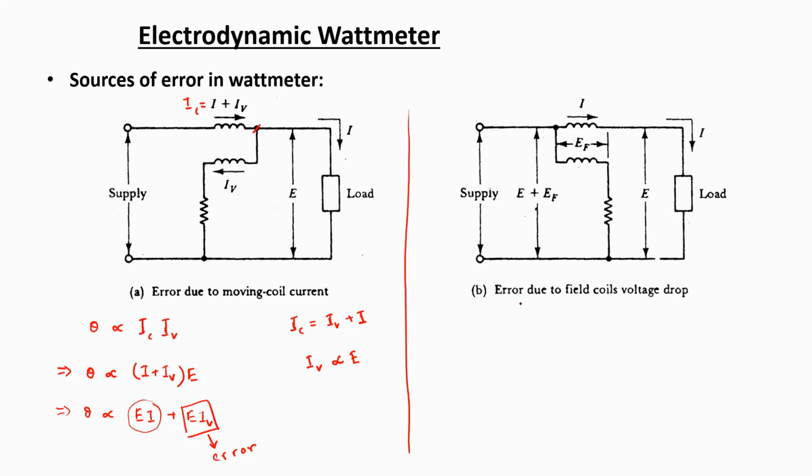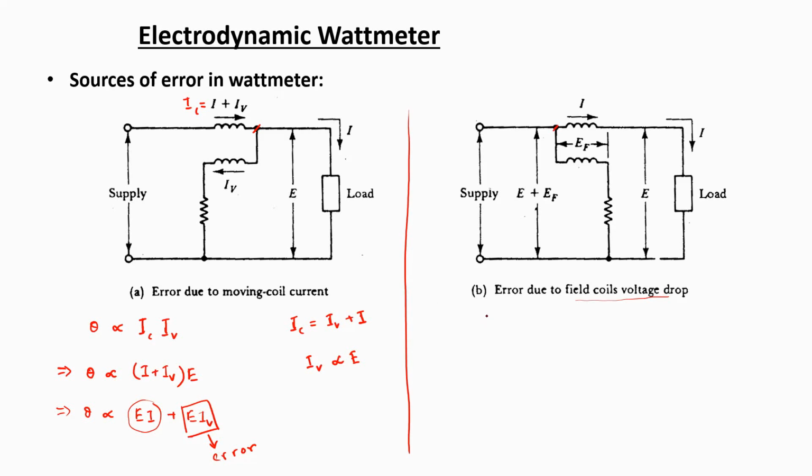Now another type of error can accumulate if the moving coil is connected before the fixed coil. Then the resultant error would be a result of the fixed coil voltage drop.